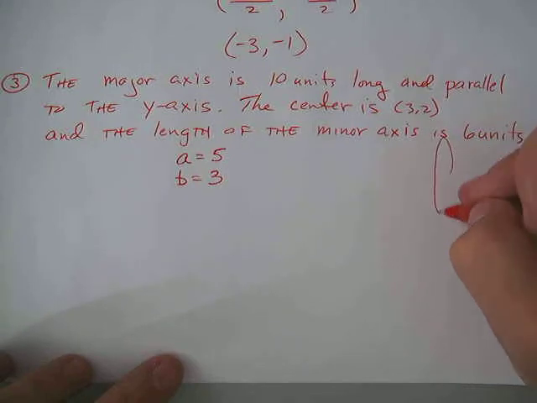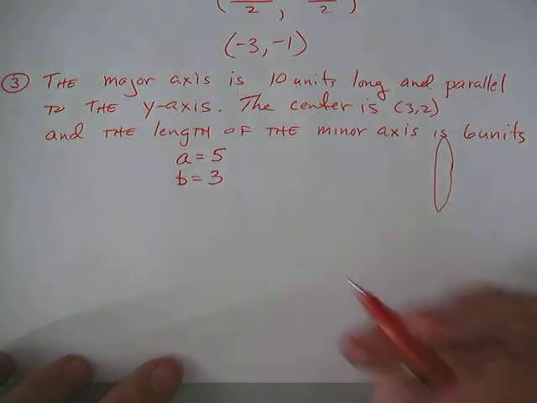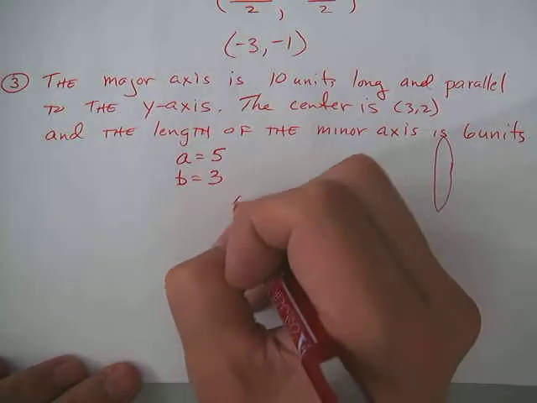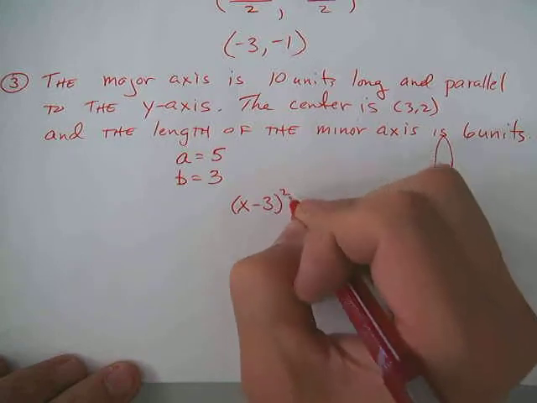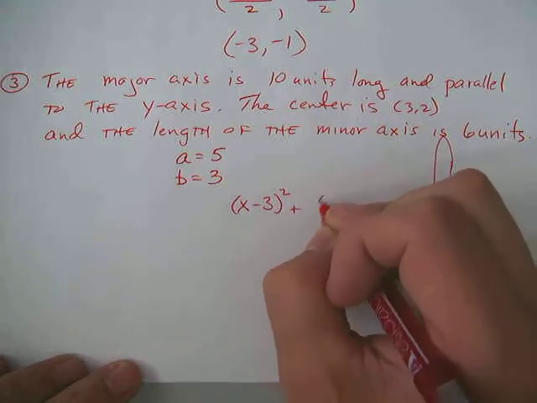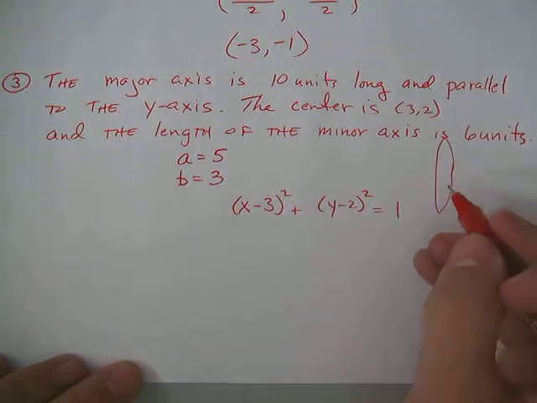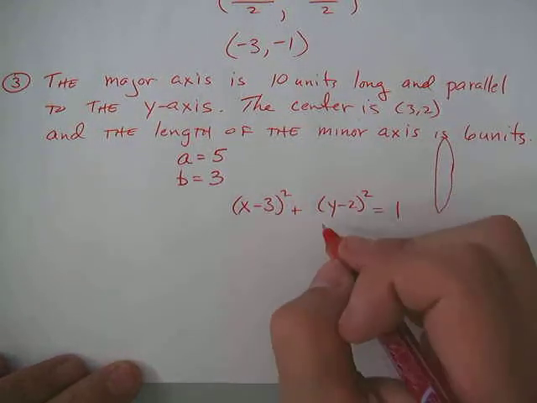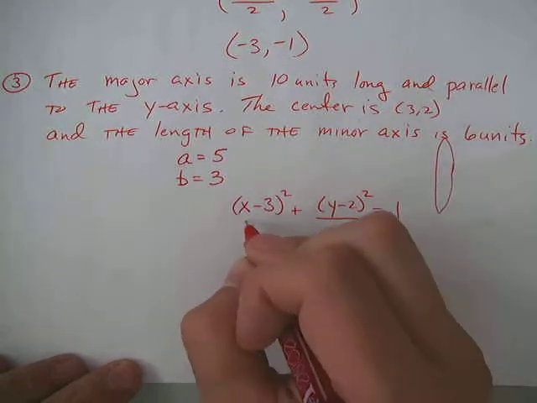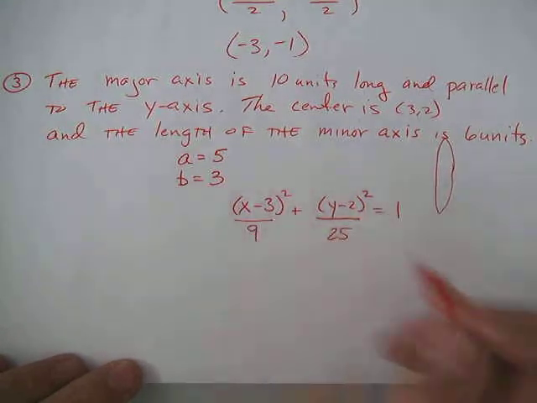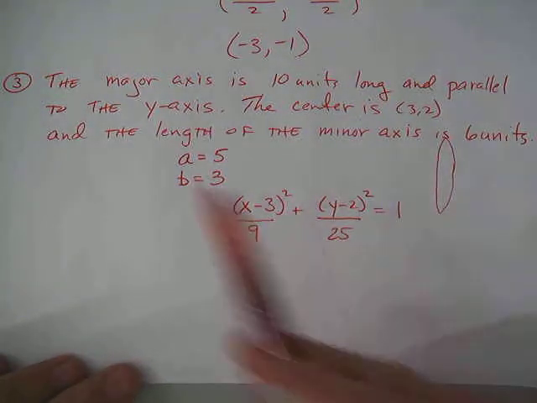Next thing, the center, we're given that. All right, that's good. But the question is, is this horizontal or vertical? Well, the fact that the major axis is parallel to the y-axis obviously means that it's going to be going in this direction. So when I write my equation, it's going to be (x - 3)² plus (y - 2)².